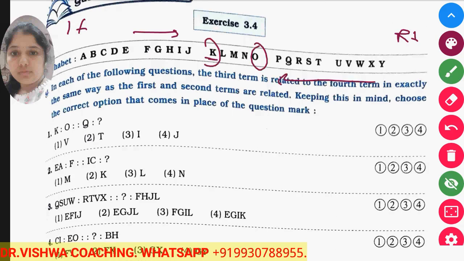So both are at the same position from both sides. Q is at the 17th position from the left side. So which letter will be 17th from the right side? I will be 17th from the right side. So your answer is option number 3.